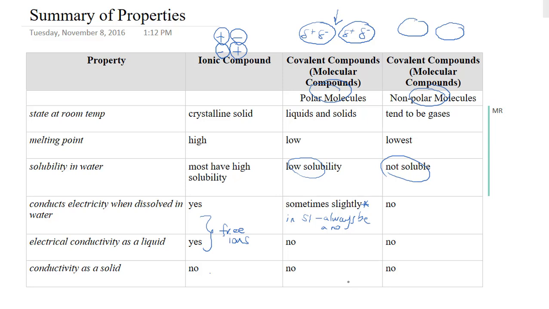We'll learn about those in future courses. We just like to make sure that we're giving you correct information at this stage and not saying that they never conduct electricity.